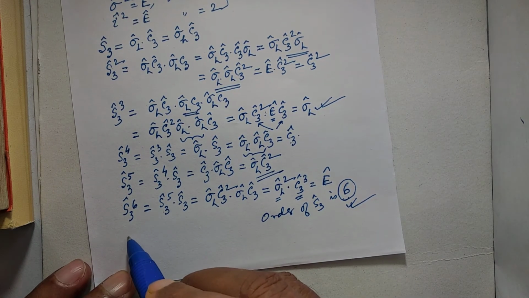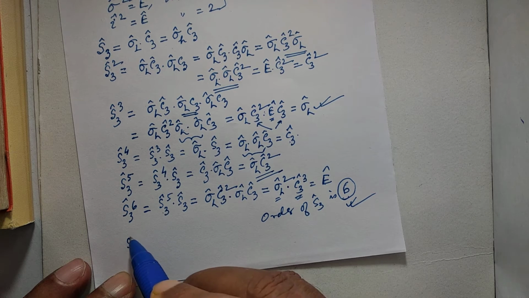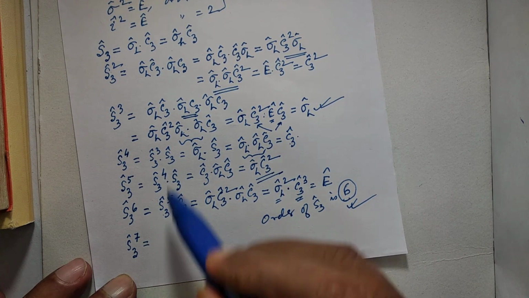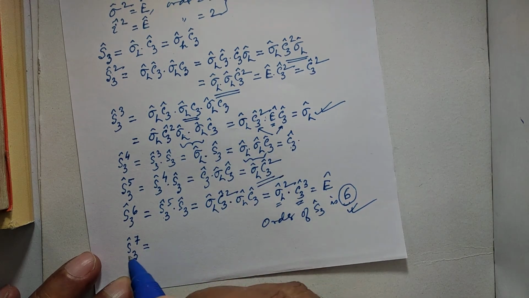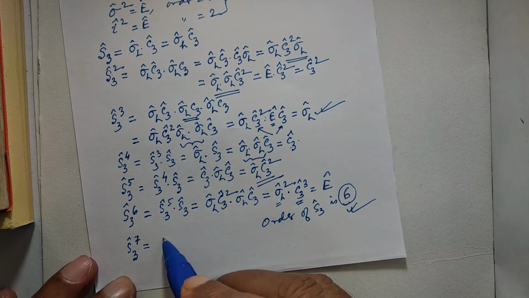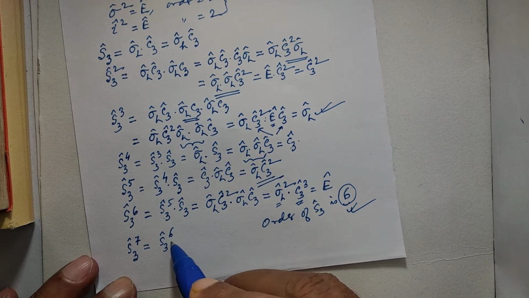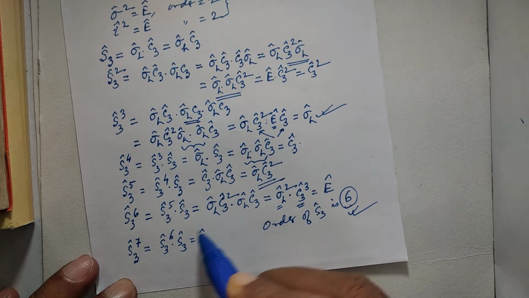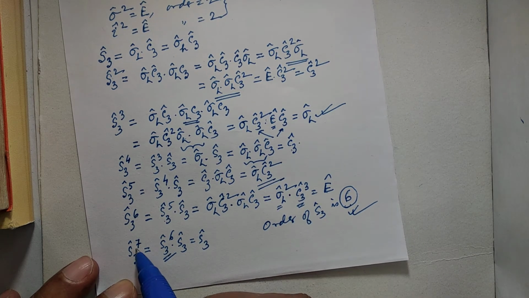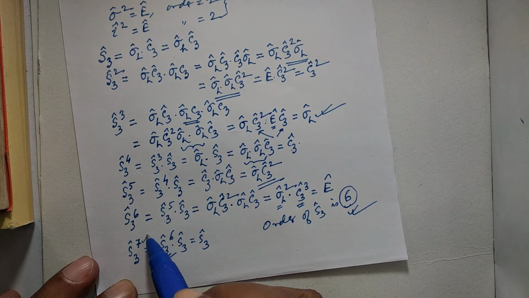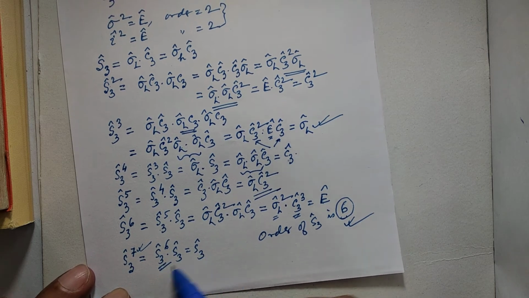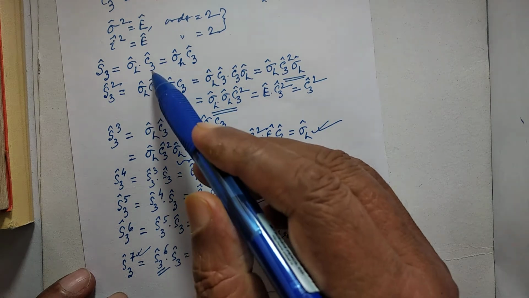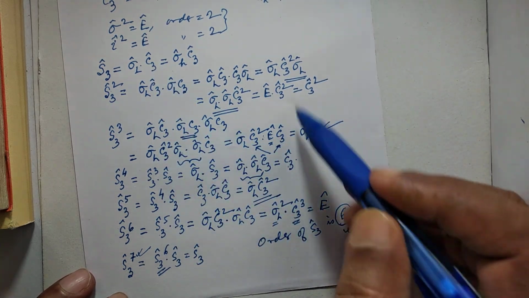If you increase the power here, you will get these operations back, because S3 to the power 7 is S3 to the power 6 times S3. This means S3, because this is identity. If you go on increasing this exponent, then you will get these symmetry operators back.